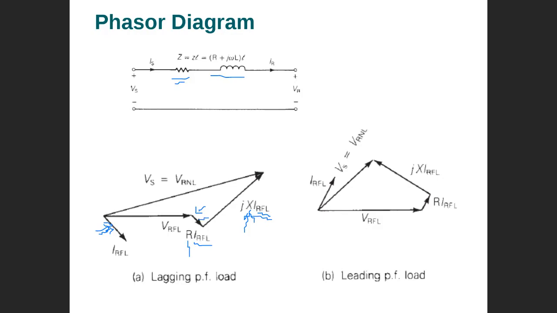So the angle is 90 degrees, relative to this current. IX is at 90 degrees from IR because of the j here: jX times I. So this is the real part, and this is the imaginary part.